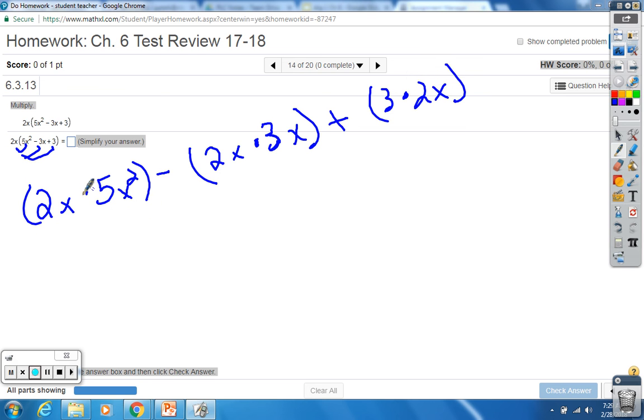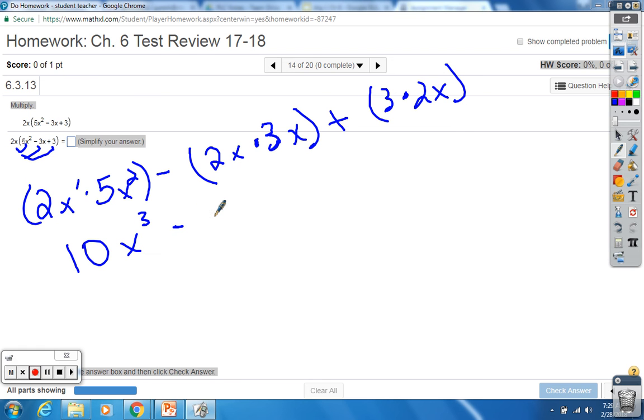Alright, and so now we'll start to simplify, since we've distributed that 2x out to every term. So 2x times 5x squared, that would leave us with 10x to the third, because we're going to be adding these exponents, and 1 plus 2 is 3. And then minus whatever 2x times 3x is.